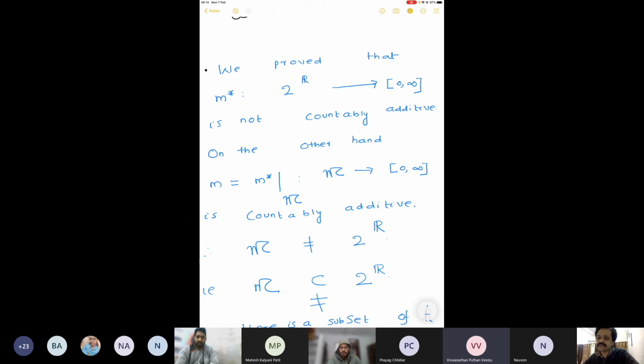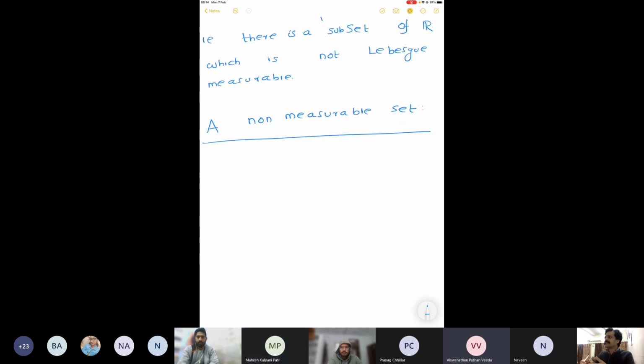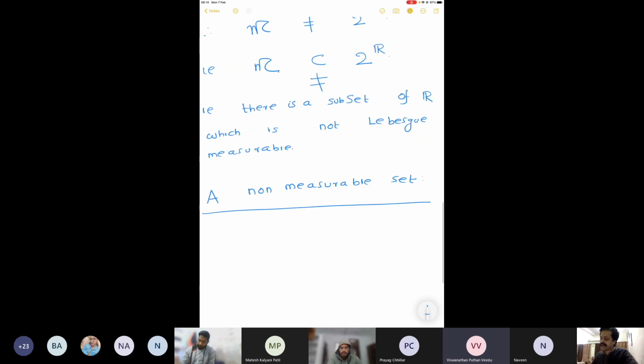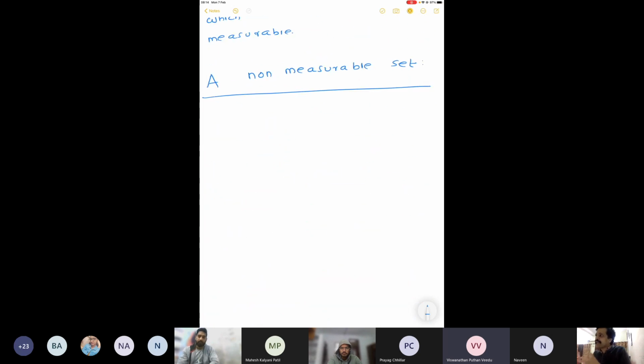Yes or no? Yes, sir. So this is a slight modification of the proof that we have done for M star is not countably additive. But at least that will tell you, yes, here is an example of a non-measurable set.